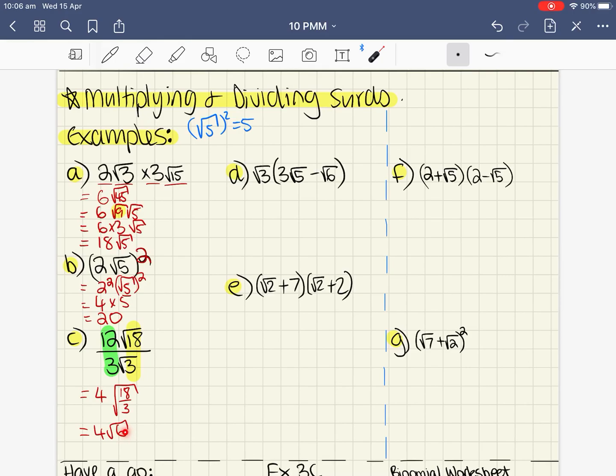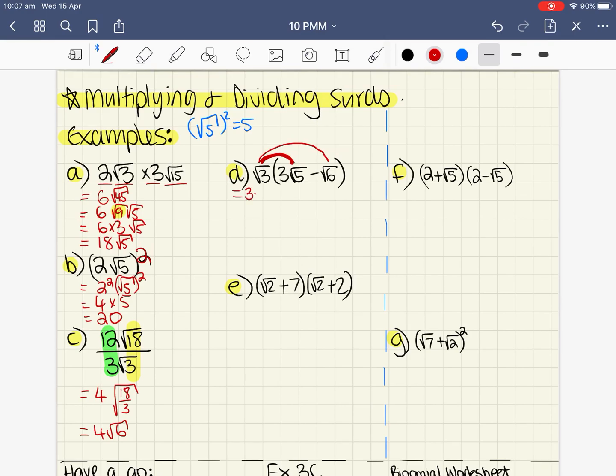Let's move over now into some harder examples. We notice here now we're going to have to expand. This is just bringing in our knowledge of expansion from our algebra unit last term, where we have surds involved as well. So we're going to make sure that we're showing all of our working out for that. The first thing we're going to do for question D here is go root 3 times 3 root 5.